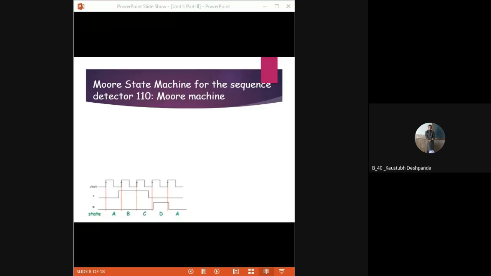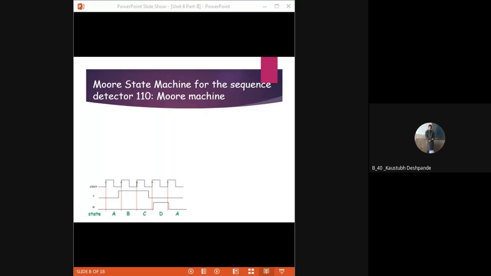Okay. There are four states, that is S0, S1, S2 and S3. If S0 detects 0, then it stays in the same state, and if S0 gets 1, then it changes the state from S0 to S1.